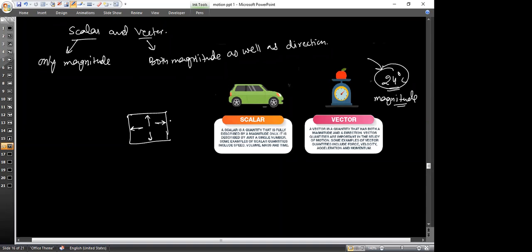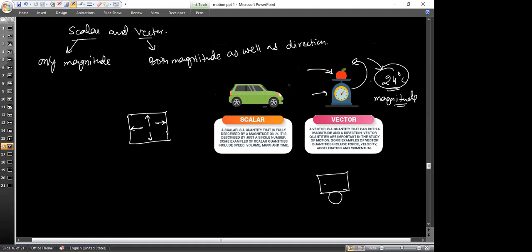If you go to the market and buy some apples, you know this is the weighing machine. Is it possible that the weighing machine can measure the weight if it is inverted, if the apples are put on the bottom side and the weighing machine is on the upper side?